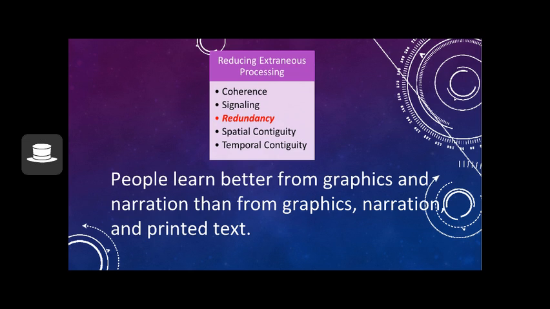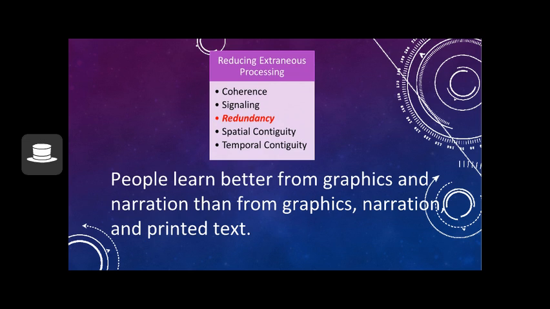Or you could take the spoken text and present it before the printed text rather than at the same time. And if there are no graphics and the verbal segments are short, then that would put less pressure on the student to process that information.